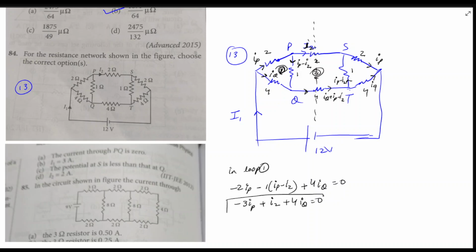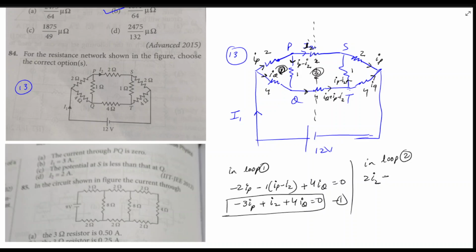This is our first equation, right? Now in loop 2, we have this loop. So in the direction of current, potential will drop, so it will be 2I2, right?